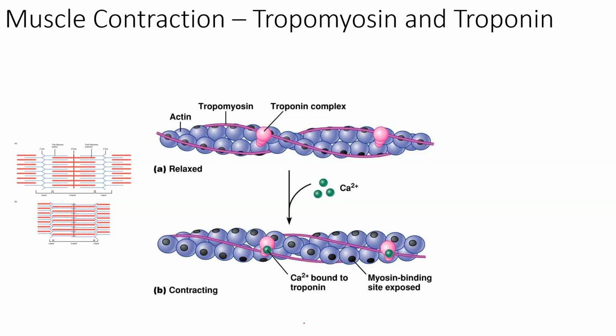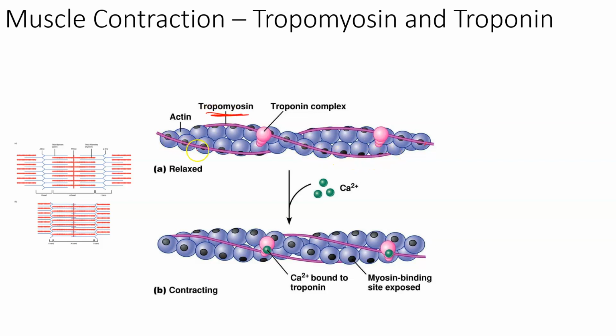So I said that we would dive into the actual myosin binding sites. This is the way that tropomyosin and troponin are embedded within the actin filaments. The actin filaments are really important for us to track, okay? This entire thing is an actin filament, and on the surface of the actin filament are these really, really thin proteins called tropomyosin.